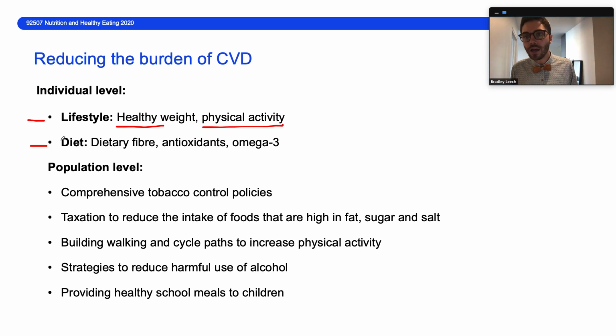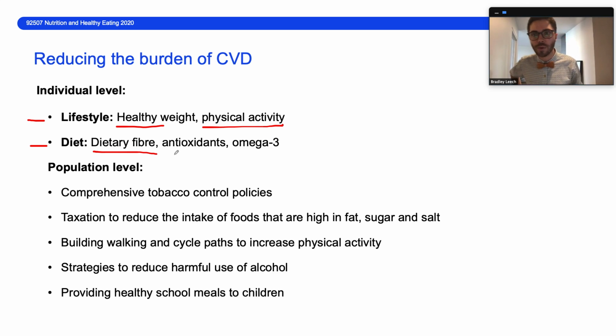From a diet's perspective, increasing dietary fiber. Why? Dietary fiber supports the bacteria in our gut. Dietary fiber supports the health of the large intestines by producing what we refer to as short-chain fatty acids. It also helps to regulate your glucose control.